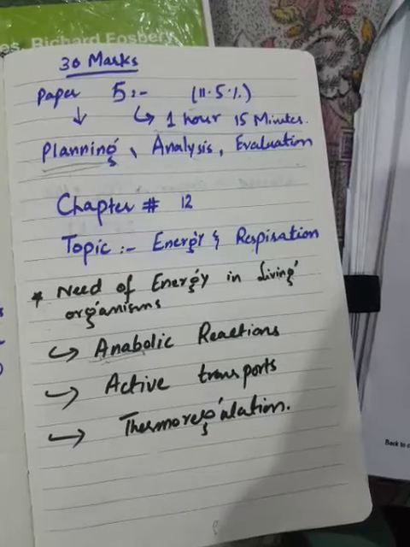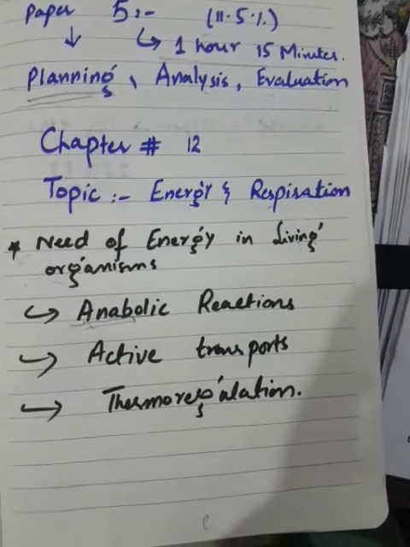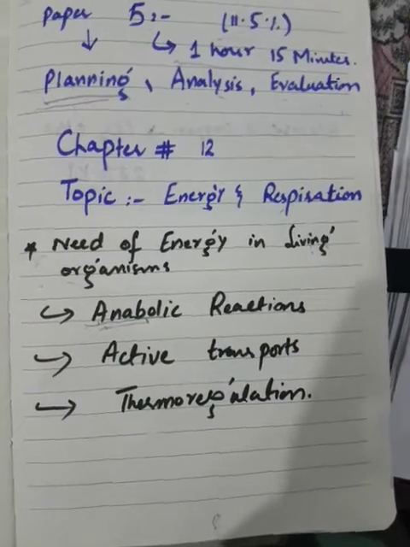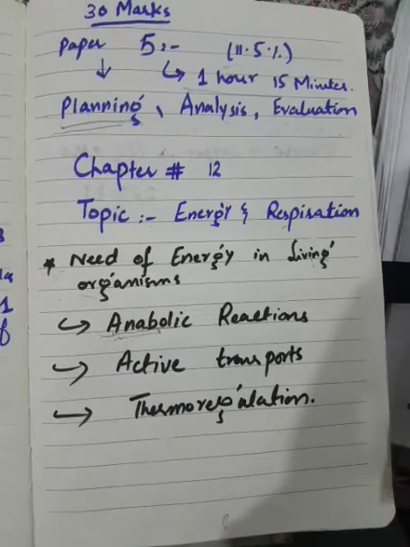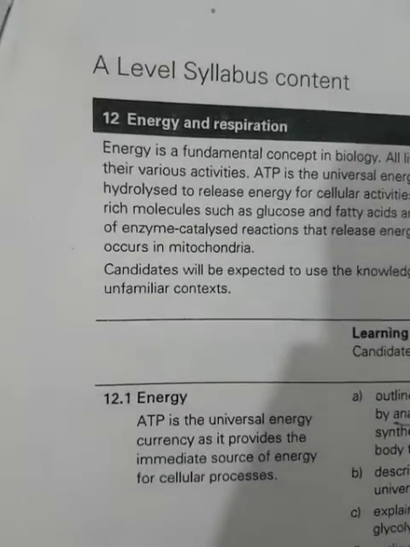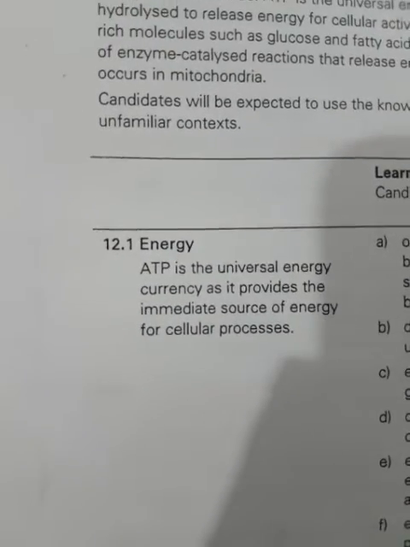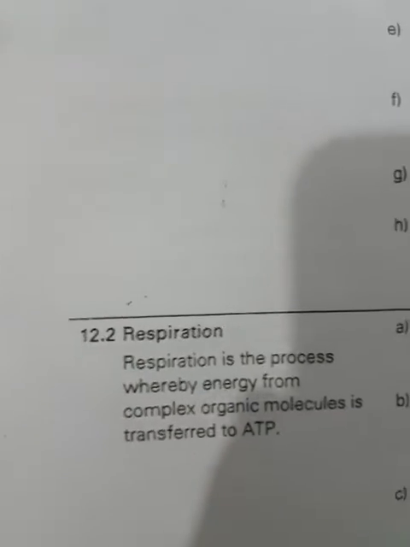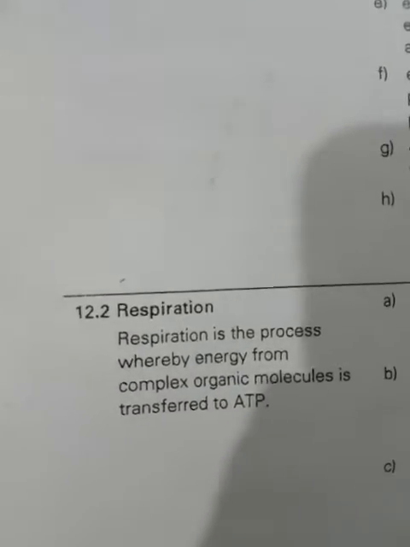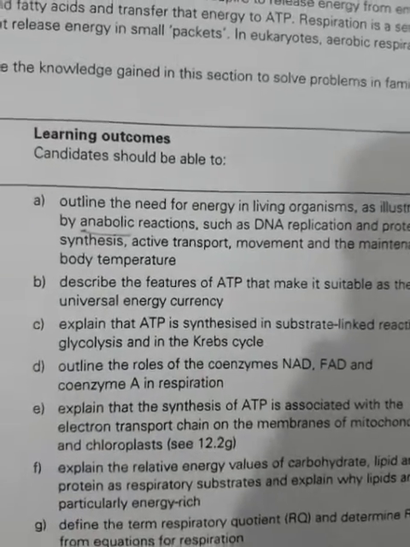Now moving on to our actual topic, which is energy and respiration. First I'm gonna show you the learning outcome of this chapter and then we will go through the topic. See, the name of the chapter is energy and respiration. There are two parts. First part is regarding energy, the second one is regarding respiration. Now I'm gonna read the first learning outcome.